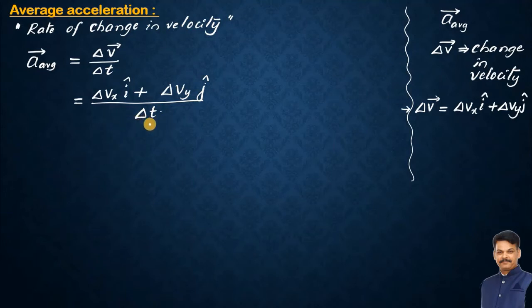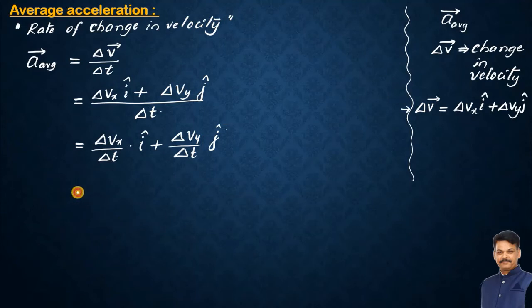Now apply this time to both the velocity component along the x-axis and the velocity component along the y-axis. Then it will be delta vx divided by delta t into i cap plus delta vy divided by delta t with the j cap.